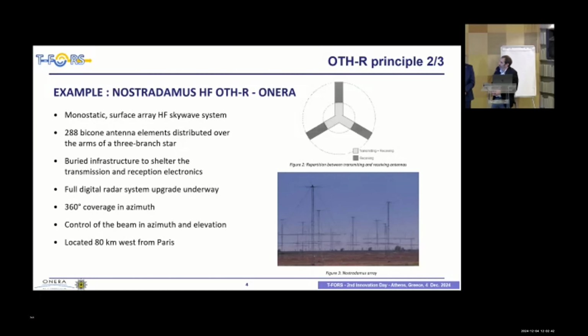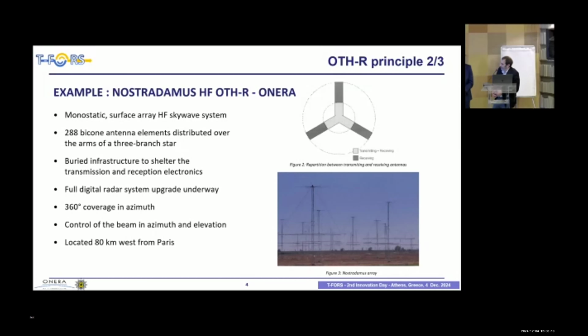So it's a monostatic OTH radar. It means that both transmitter and receiver are at the same location. There are a little bit less than 300 beacon antennas, which are deployed over three arms. All of the electronic systems, transmitters, and so on are in underground tunnels.